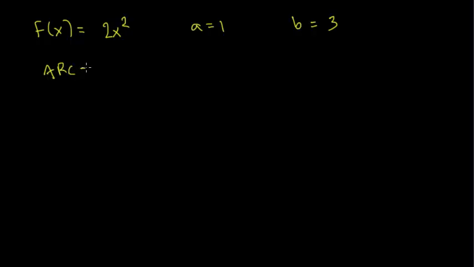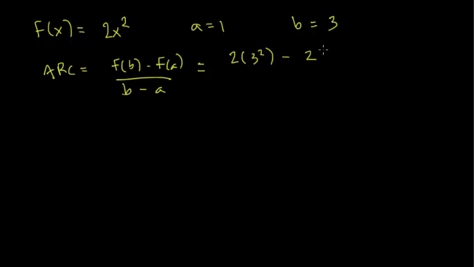So then the average rate of change is simply f of b minus f of a over b minus a, which is 2 times b squared, so 2 times 3 squared, minus 2 times a squared, so 2 times 1 squared, all over b minus a, so 3 minus 1.